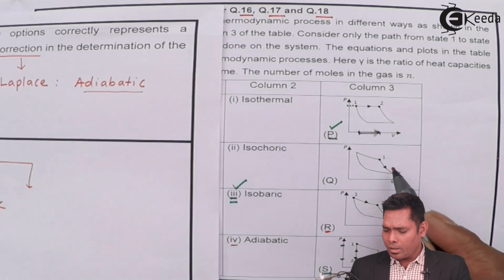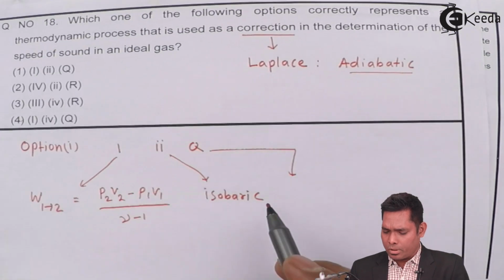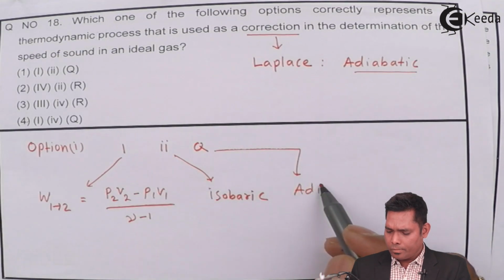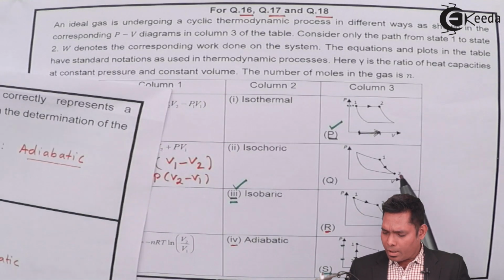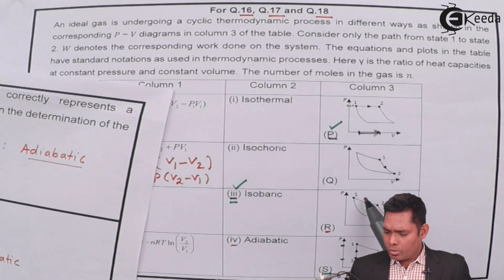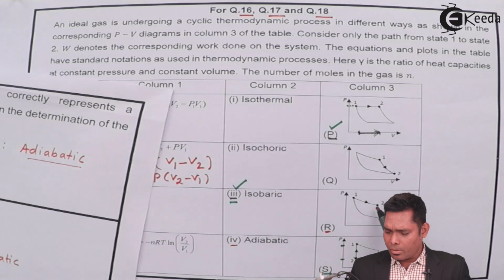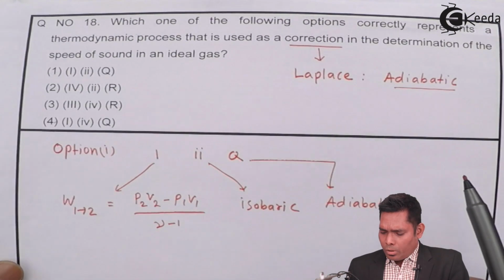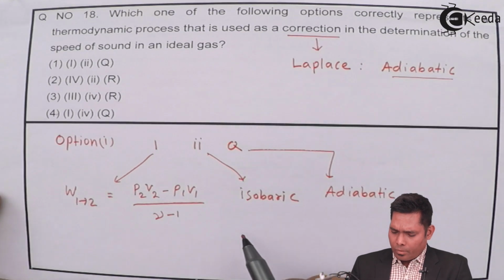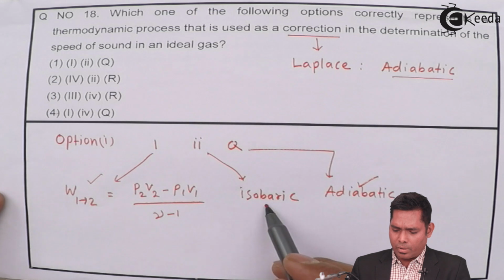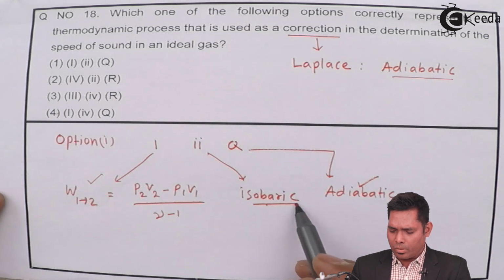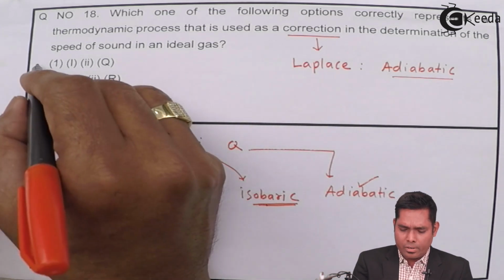This is the adiabatic process, because you can see that out of these two, this one is steeper, so it is adiabatic, and this one is the isothermal process. So that means this is adiabatic, but the process in column 2 is not adiabatic, it is isobaric. So this option is not right.